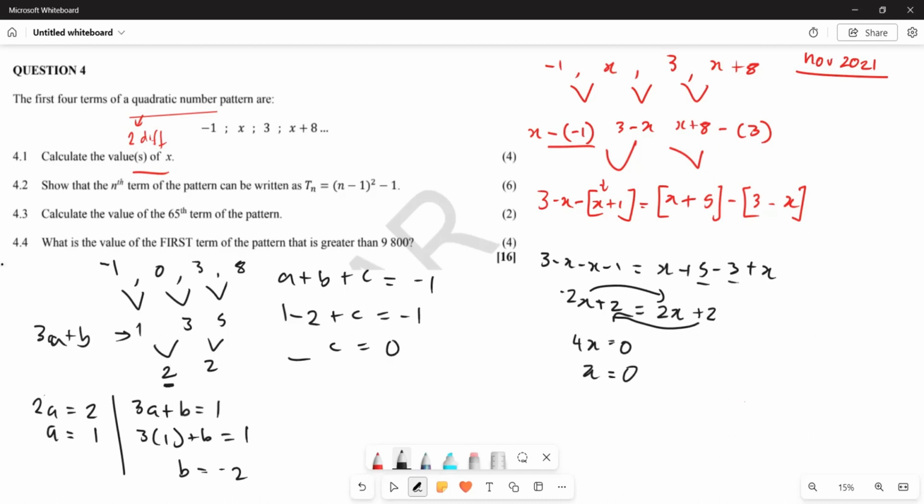Now let's state the Tn. Tn therefore is given by n squared subtract 2n plus 0, because that is the answer that you found in there. And now what else can we do from here? So basically now we are going to check: for them to get to this particular equation, what did they do, or what was done there? Basically, let's see. So they said, now if you are doing like this, remember this is same as n squared subtract 2n, right?